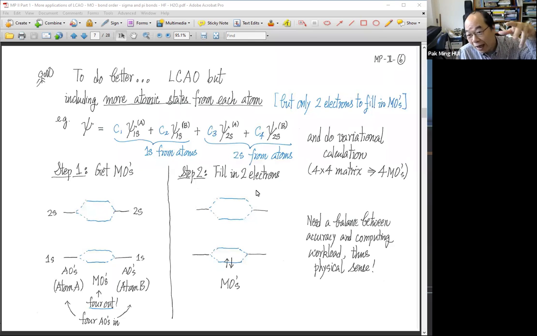So you have a 1s on one side, another 1s on the other side. When they come closer to a reasonable distance, namely the quantum mechanical distance, 1 or 2 angstroms, they will start to influence each other. In particular, it is the off-diagonal elements, that is, 1s on the left, 1s on the right, and the Hamiltonian in the middle.